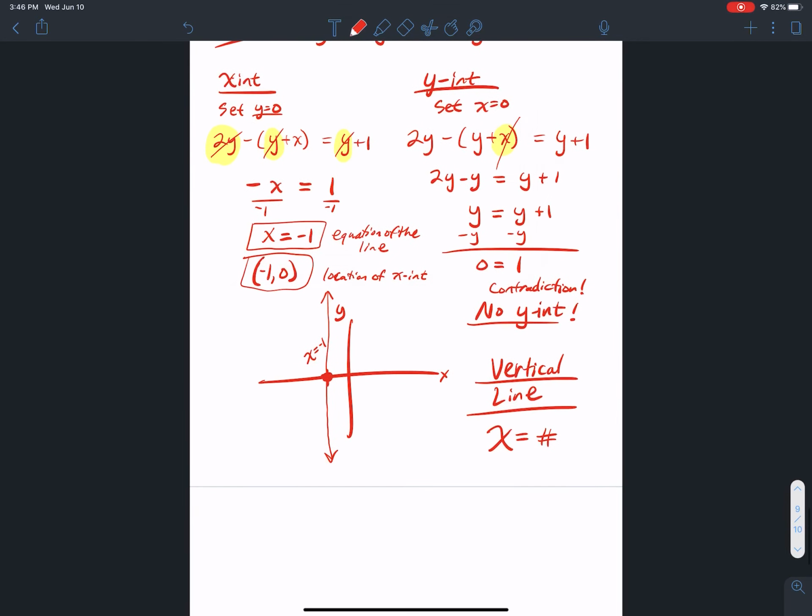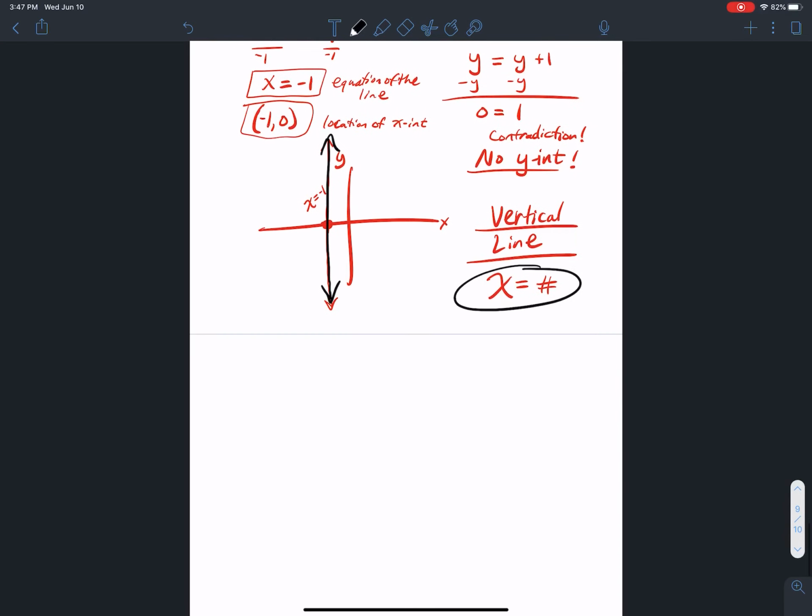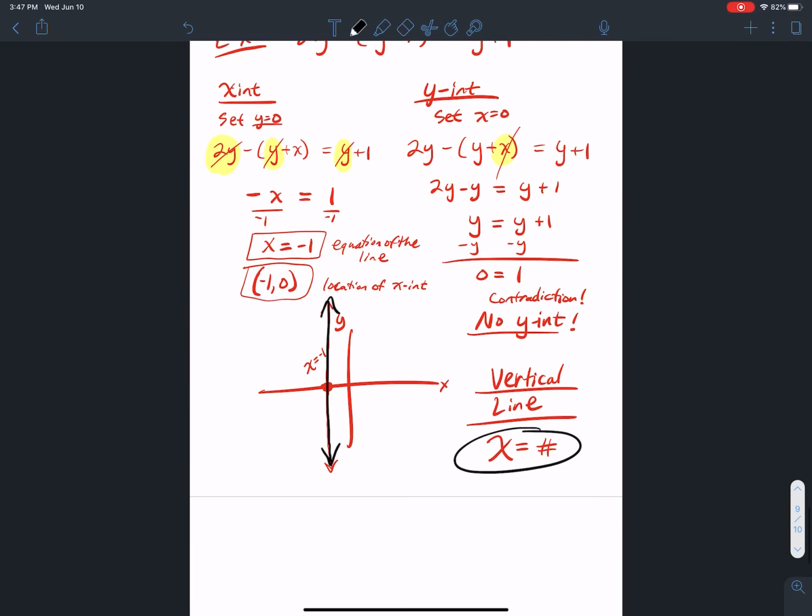And if I have some vertical line, then I have x equals a number. So there is some symmetry going on here. Hopefully this gives you a better idea of what to do if you are going to find the intercepts.